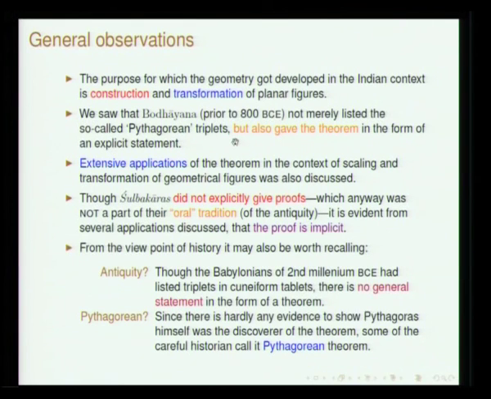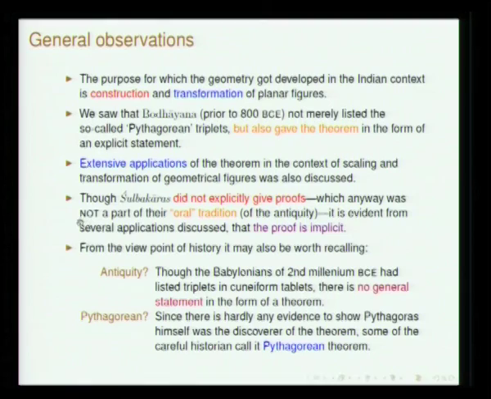And I also demonstrated how Bodhayana would have arrived at the different triplets mentioned by him, and how the proofs of these sutras are implicitly involved in the procedures delineated for various constructions or transformation of one figure into another figure. So, this was demonstrated.